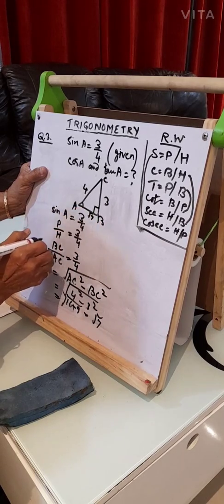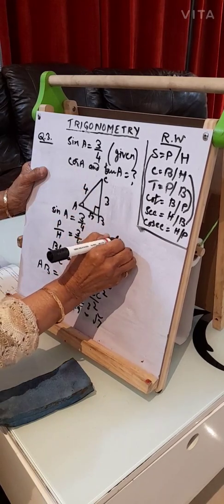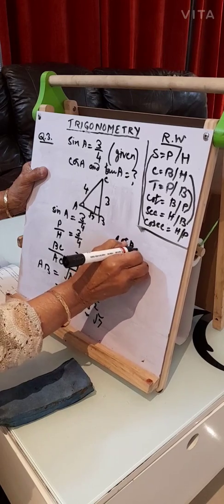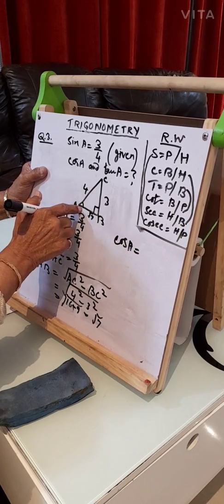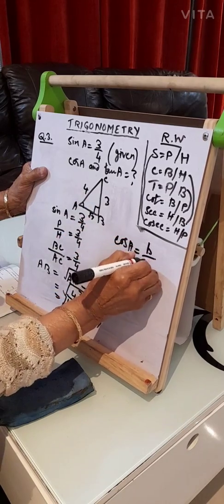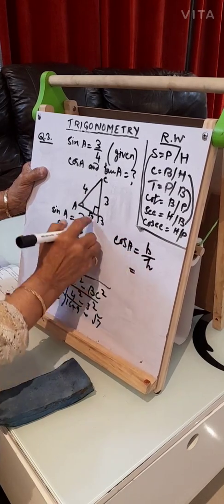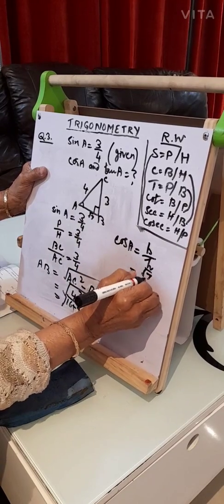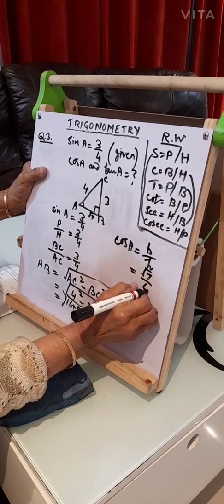So what we are to find? Cos A. Now tell me, this point is A. Cos is equal to base over hypotenuse. So how much is the base? Under root 7 over hypotenuse is 4.